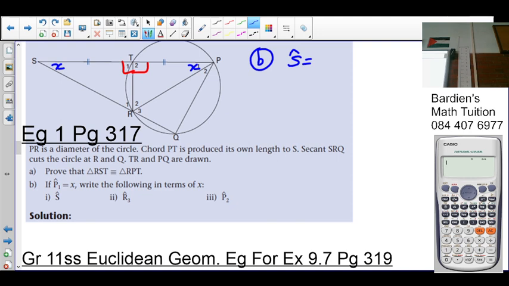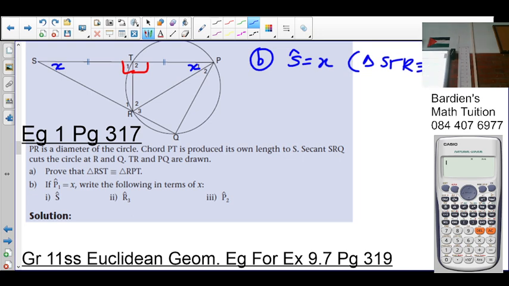They're congruent. The two triangles are congruent. Angle S is equal to X because triangle STR is congruent to triangle PTR.